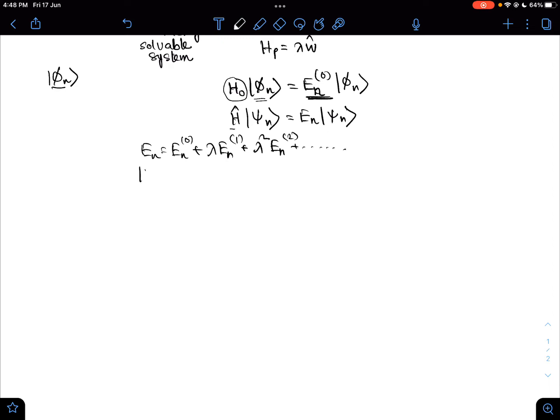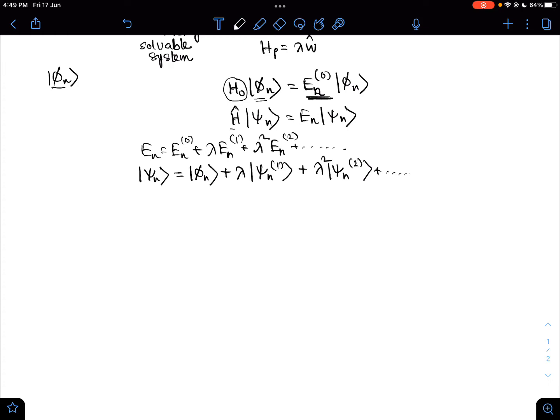We also assume psi n to be phi n plus lambda psi n1 plus lambda square psi n2 and so on.